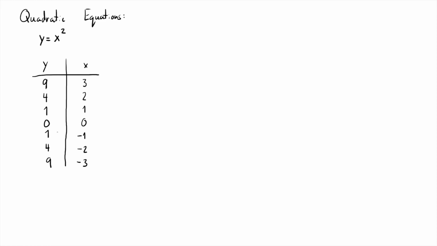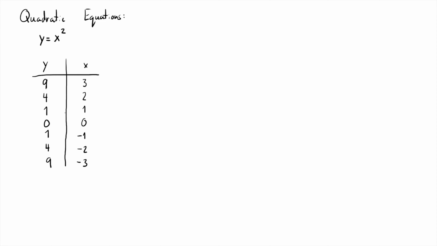So you can see that there is some inherent symmetry with quadratic equations, which makes sense because in the previous video we talked about certain concepts of quadratic equations, one of them being the axis of symmetry and the vertex. And so we're going to see that again in this video.